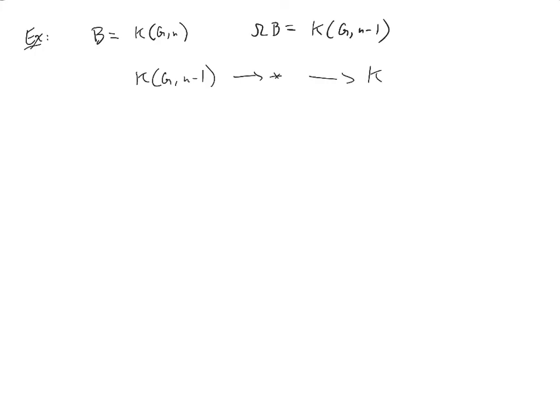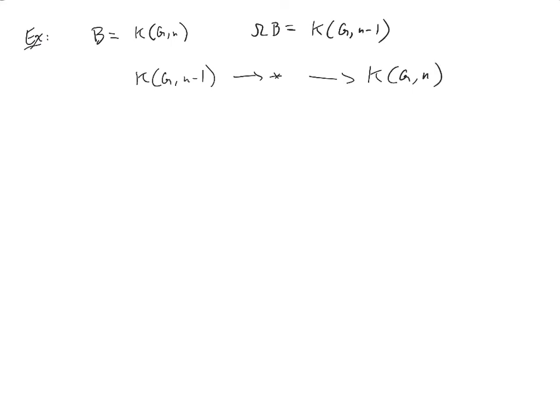For example, if you take B to be K(G,n), then loops on B is K(G,n-1), because all your homotopy groups have been shifted down by 1. So you end up with a fiber sequence that looks like K(G,n-1) to something intractable to K(G,n).